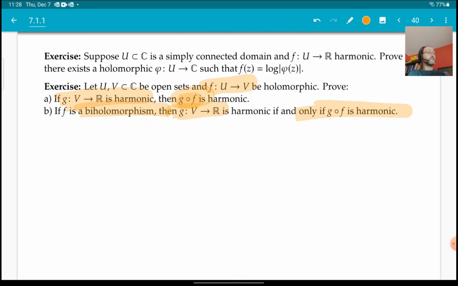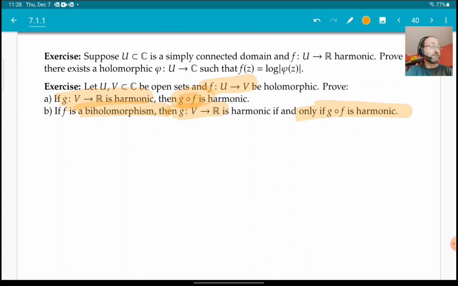Now, harmonic functions come up in applied math even, right? Because of Laplace's equation. Steady state heat is the solution of a Laplace equation, or maybe the electric potential around a charged object.